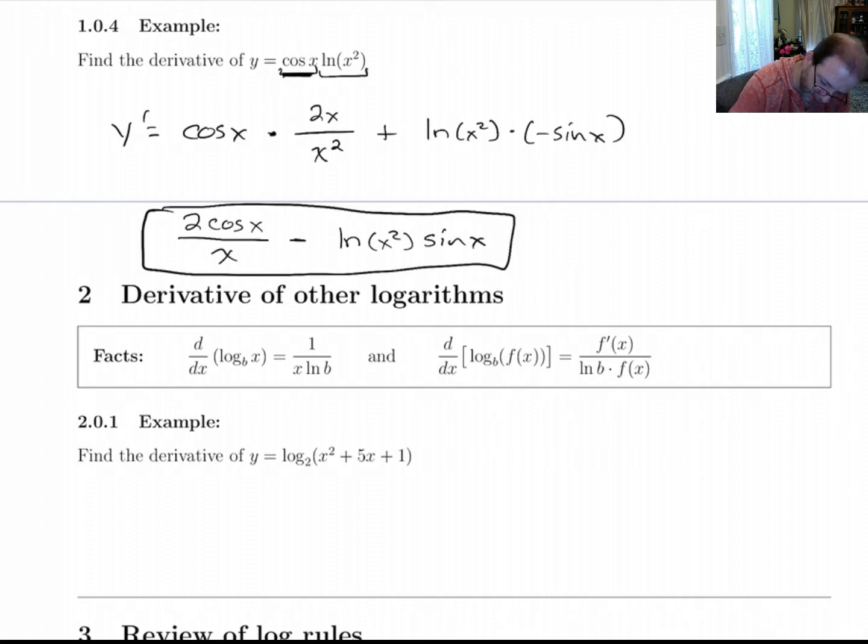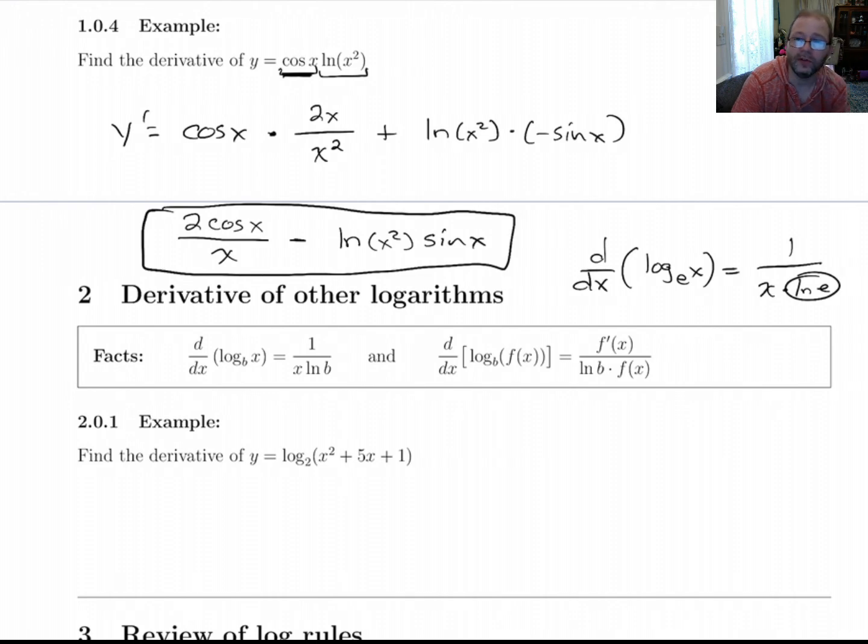Notice, if you apply this rule to the natural log, which is log base e of x, what you get out of that is 1 over x times ln e. And of course, ln e is 1. So this is completely consistent with the other rule. The other rule is a special case of this one.